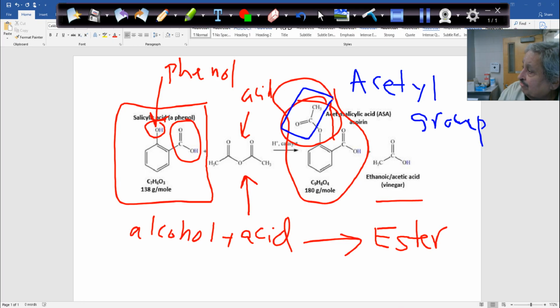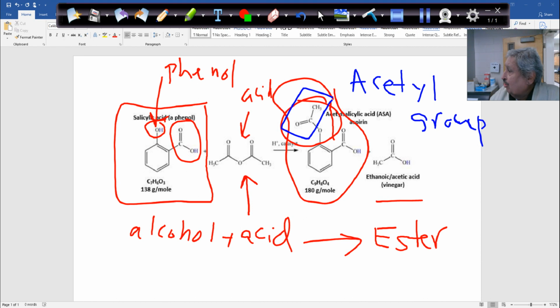And now today we have to characterize what our product is. So we will do two types of approaches. One is to determine the melting point, to know the quality of our product.